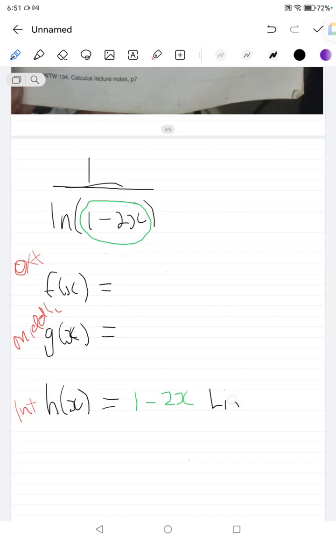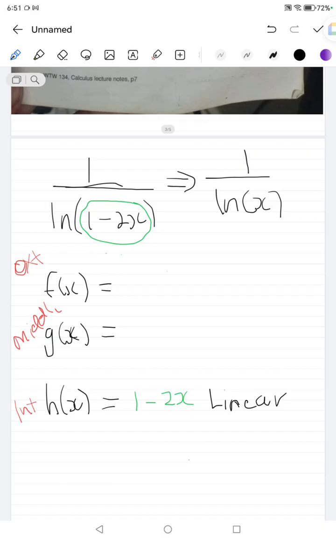This side I have my linear function. It means now I'm done with that one. So now I can say this now will look like 1 over my ln of x. See? So now I'm in the middle.